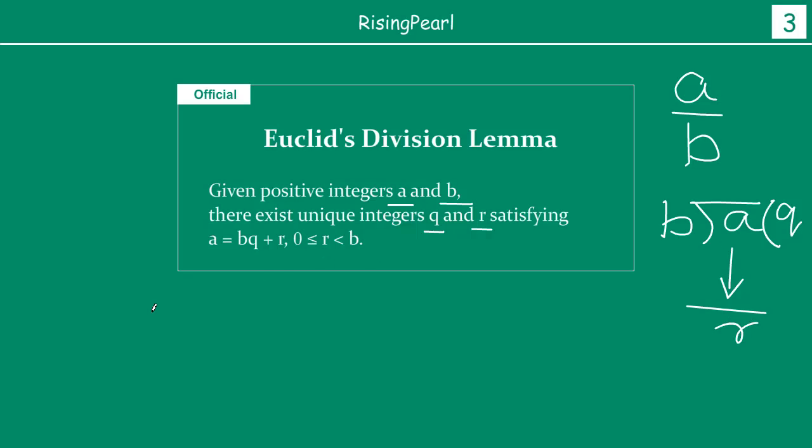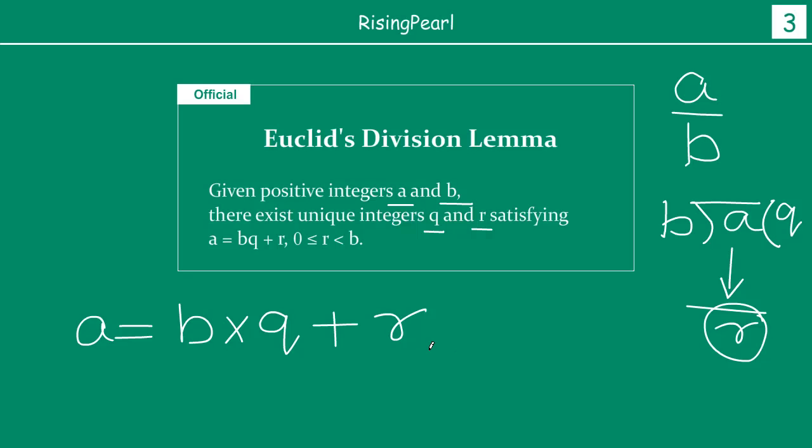When I have this, I can write my dividend as a equal to my divisor multiplied by quotient plus remainder, in such a way that the value of the remainder r can be greater than or equal to 0. Remember that remainder can be 0. It can be greater than or equal to 0, but it must be less than b.